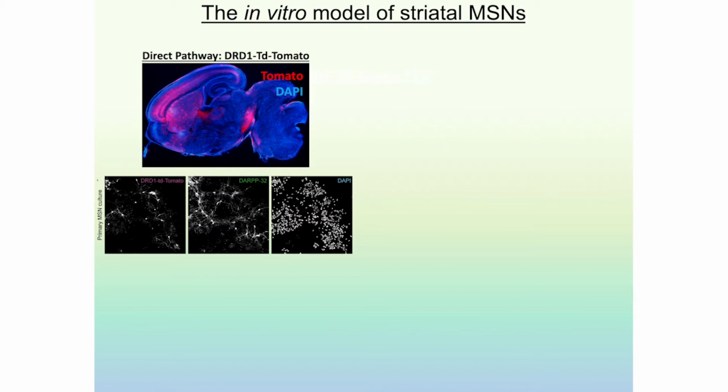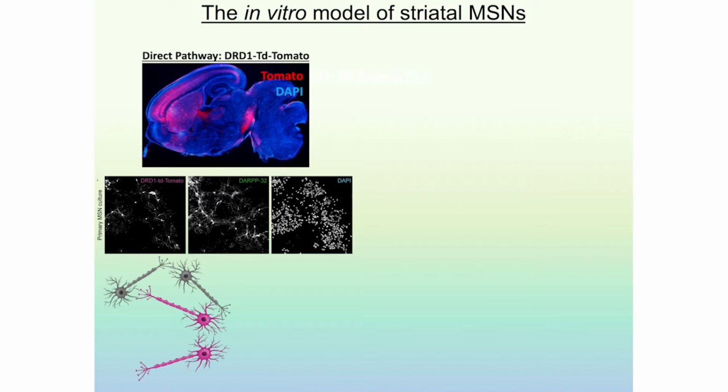And if we then dissect the striatum of those mice and set up a primary culture without sorting, it looks like this. So we can see quite a lot of nuclei. The larger ones, you can already suggest that these are astrocytes. We can see the MSN marker expression DARPP-32, which is expressed in both subtypes, and we can see single tomato positive medium spiny neurons of the direct pathway.